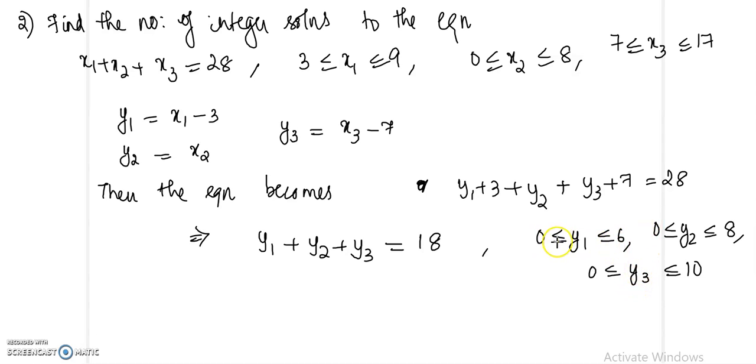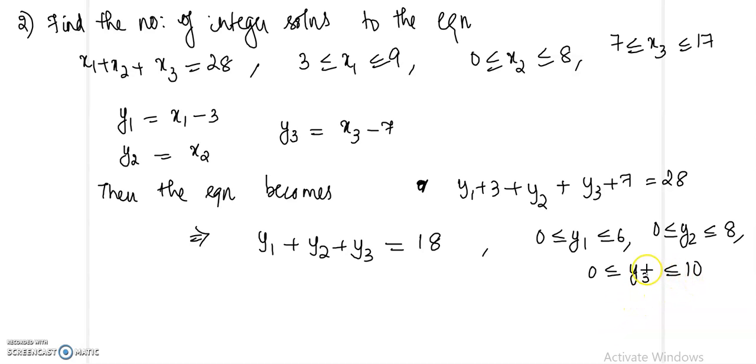So the solutions are y1 greater than or equal to 0, y2 greater than or equal to 0, y3 greater than or equal to 0. And together with that we will now define the properties. S is all the non-negative solutions. Then we need to find the number of integer solutions such that y1 is less than or equal to 6, y2 is less than or equal to 8, and y3 is less than or equal to 10.